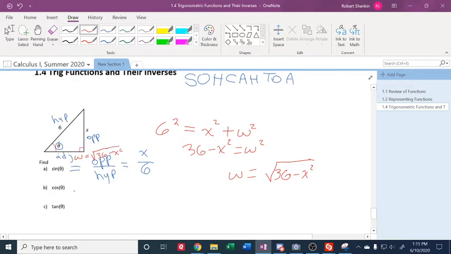So then the cosine is adjacent over hypotenuse. And the adjacent was the square root of 36 minus x squared, over the hypotenuse, which was 6. Okay. Now do tangent.